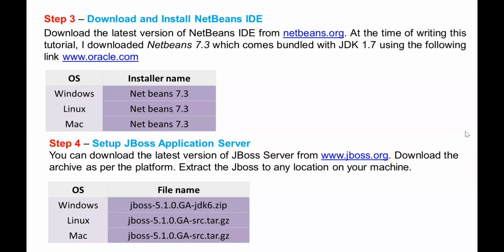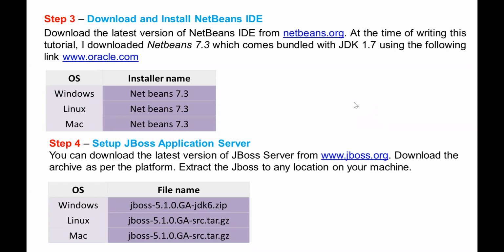We can get the latest version of NetBeans IDE from netbeans.org. At the time of writing this tutorial, we can download NetBeans 7.3, which comes bundled with JDK 1.7, using the link www.oracle.com.